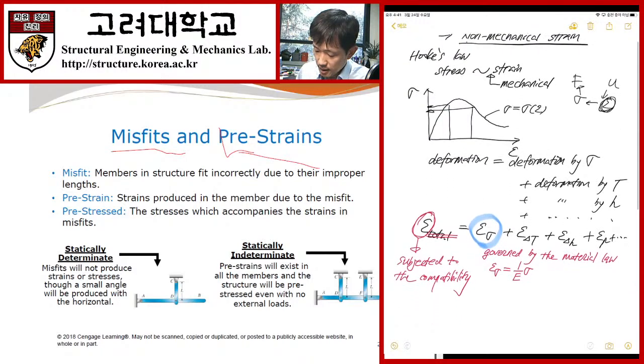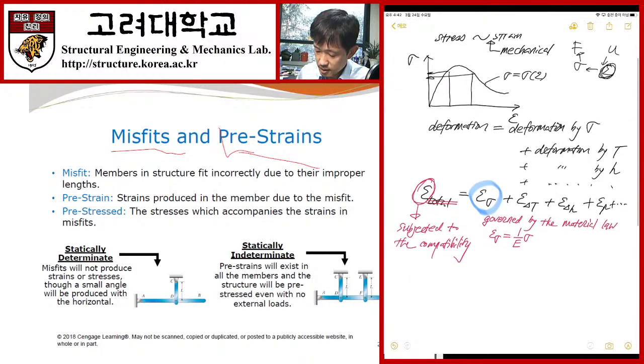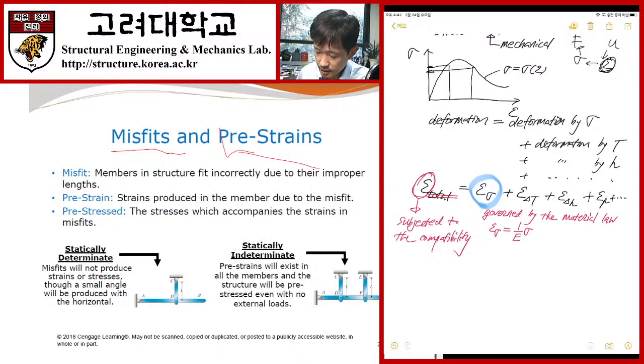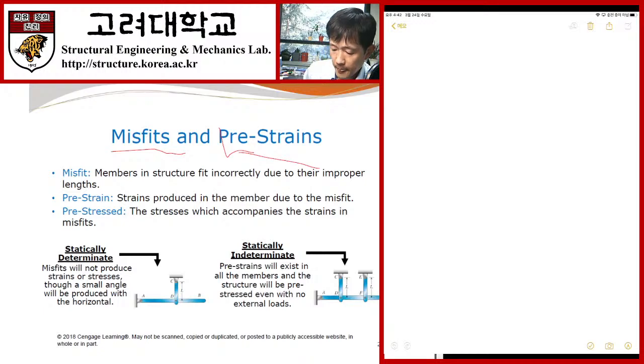Okay, let's say, to simplify the problem, we have only the thermal strain. Let's drop all other things. Then my total strain is given by the strain caused by the stress plus the strain caused by the temperature change.